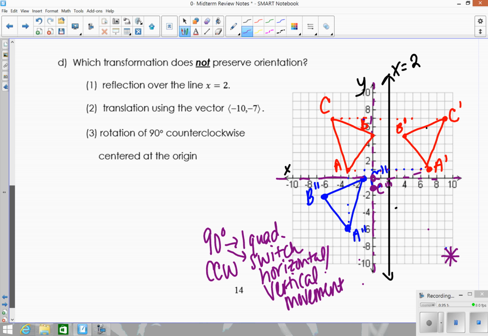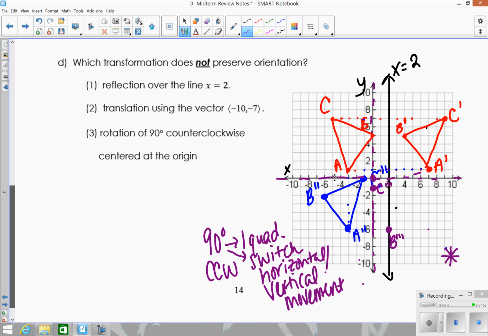Then from the center to B, it's over 6 down 2. So that means I go back to the center and switch that. Over 6 down 2 means down 6, over 2.